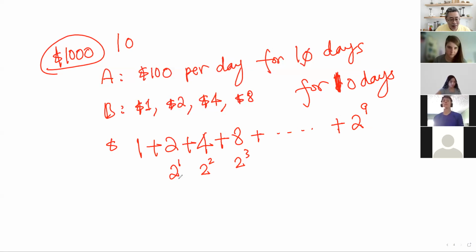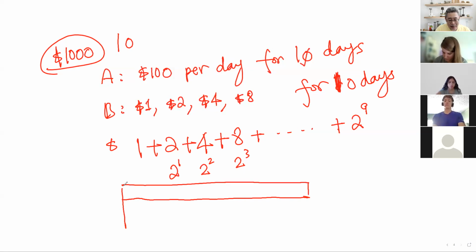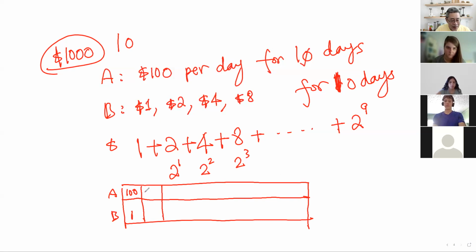Okay, so now how do we add them together? If we do a running count, after the first day you got $100 for A, but you only got 1 for B. On the second day you got 100, so the accumulated is 200, and after 2 days B is 3.